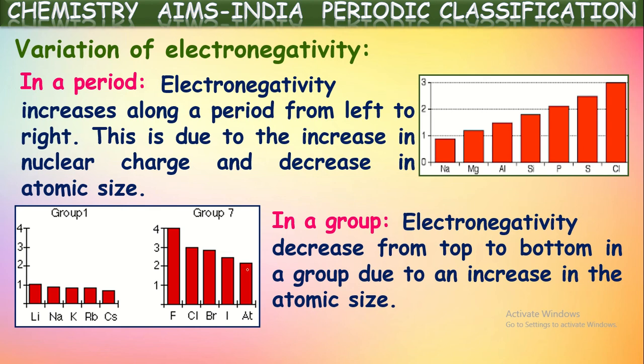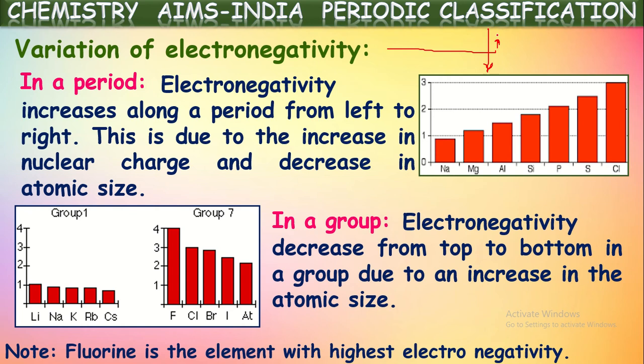So we can say electronegativity increases in a period and decreases in a group. The top right element will have the greater electronegativity. That is, fluorine is the element with the highest electronegativity, because noble gases do not have electronegativity values, since electronegativity is compared between atoms which are bonded.